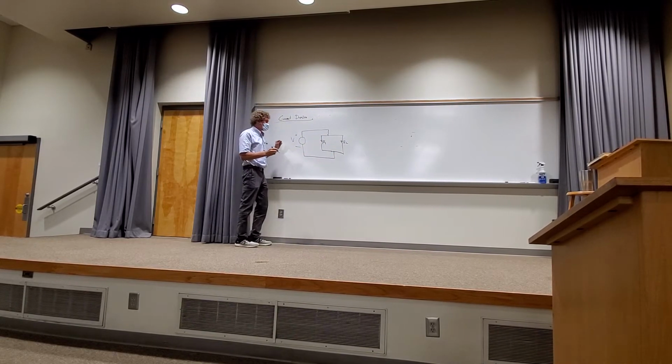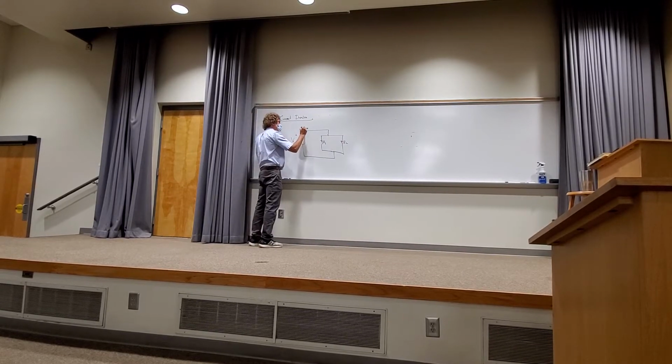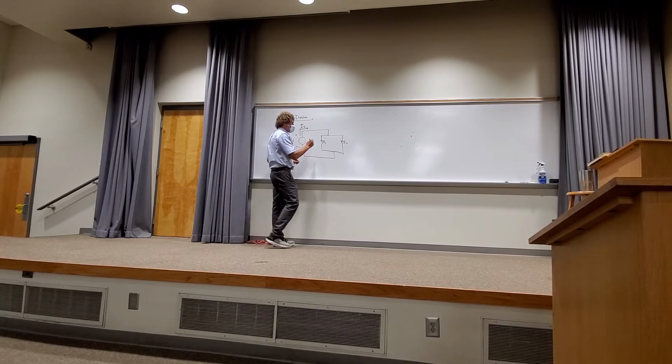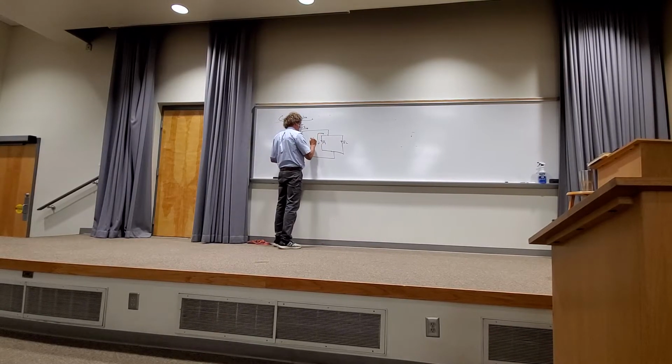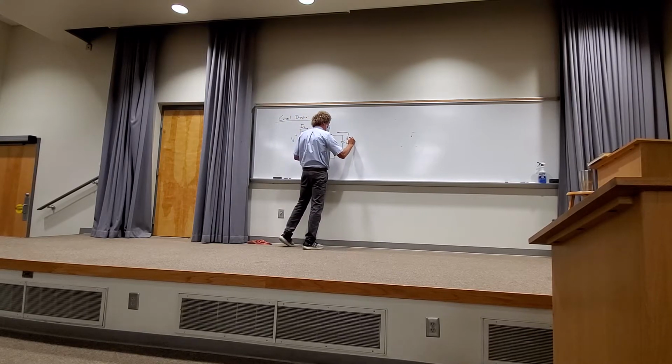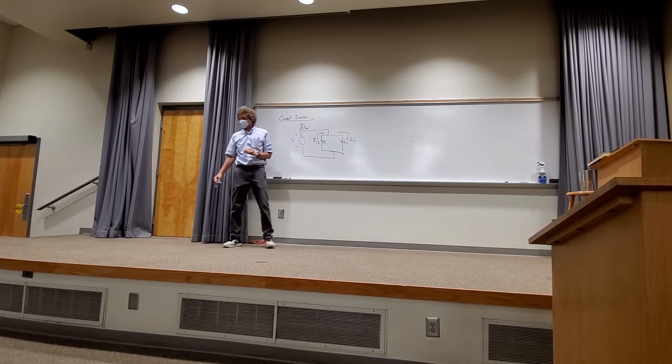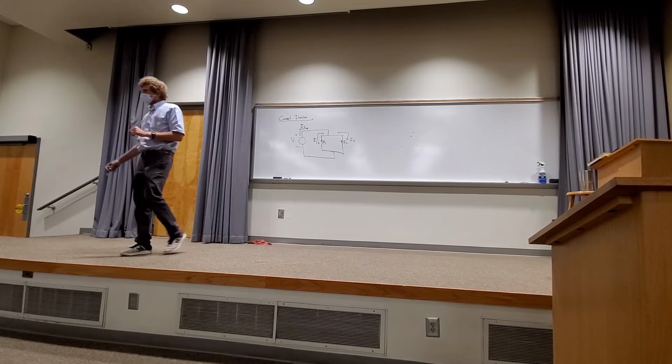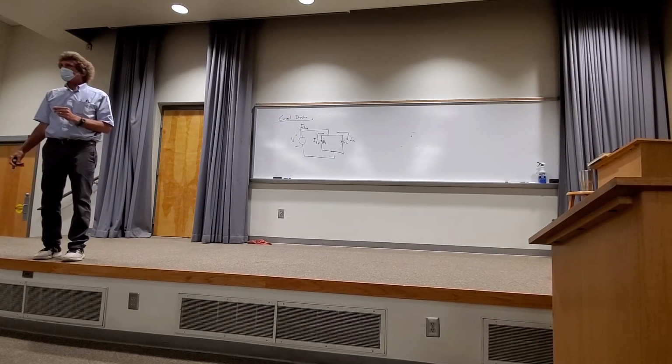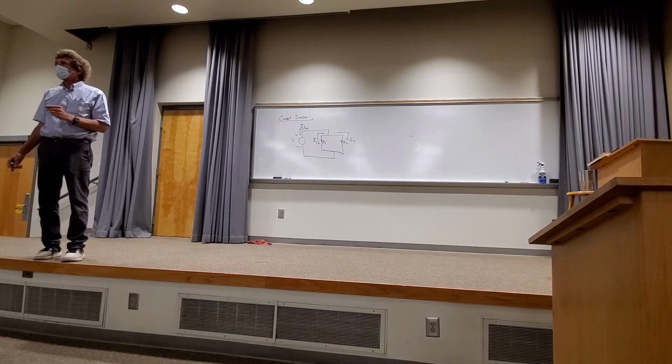And what I'm going to say is there's some total current flowing from here, call it I source. Some of that current goes this way, call it I1, and some of it goes this way, call it I2. I'm just drawing this out so you've got a good picture in your mind of what I'm talking about. With me? All right.